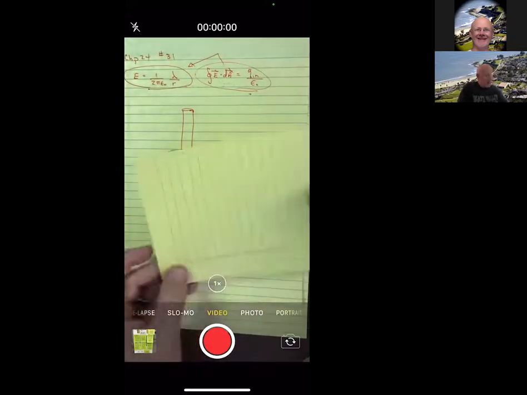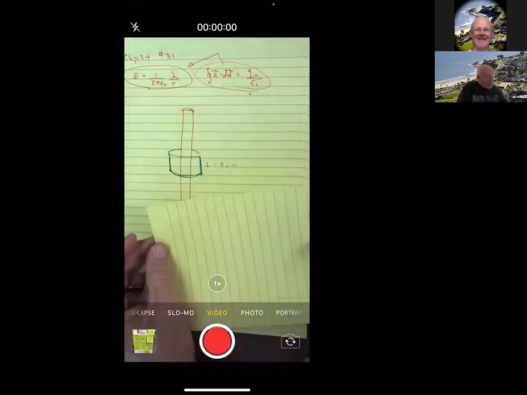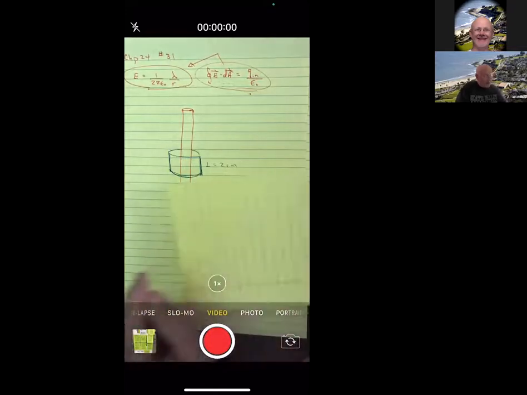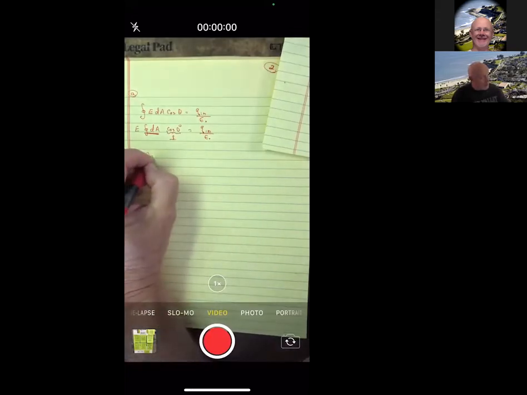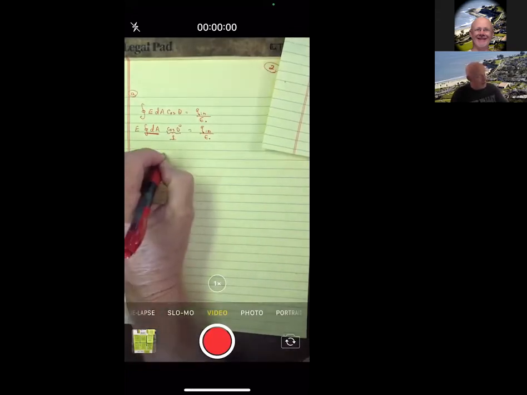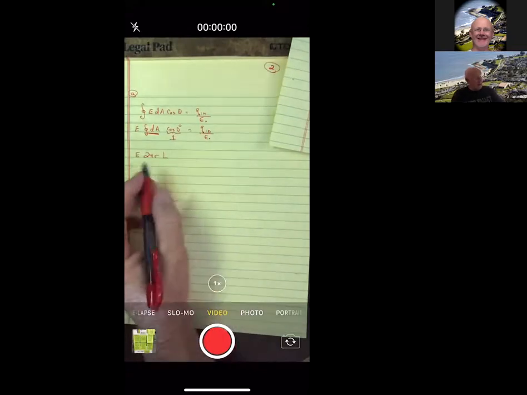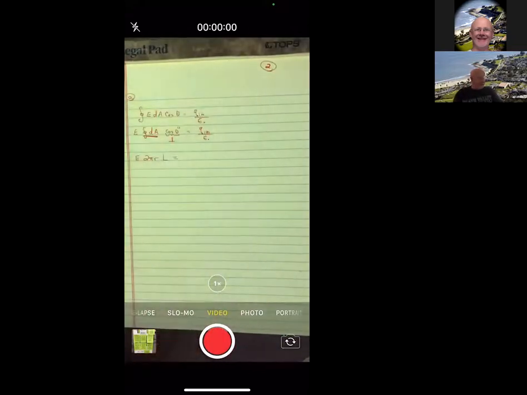So this is the length, and this would be the width, and the width would be the circumference. So when it comes to the area here, its width is the circumference, 2 pi r, times its length. That is the area of this little piece of paper.